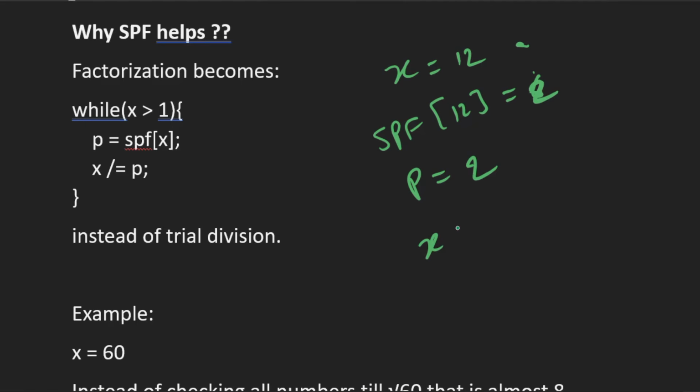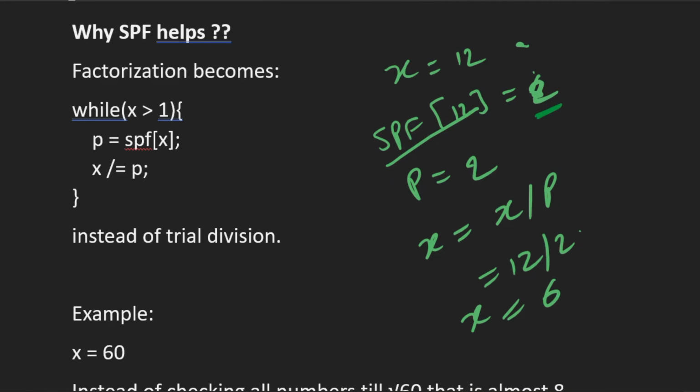Then x will be updated as x divided by p, that is 12 divided by 2, which becomes 6. Now x has become 6. Again we find the SPF of 6, which is again 2, so p is 2. Then 6 divided by 2 gives x equal to 3. Then SPF of 3 is 3 itself. So we get our prime factors, that is 2, 2 and 3, right?